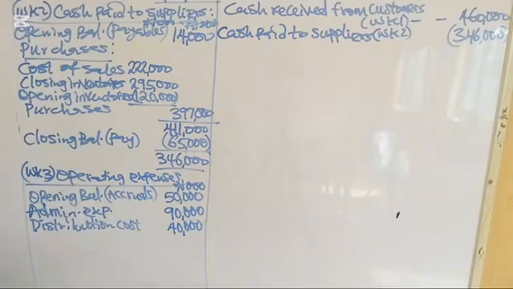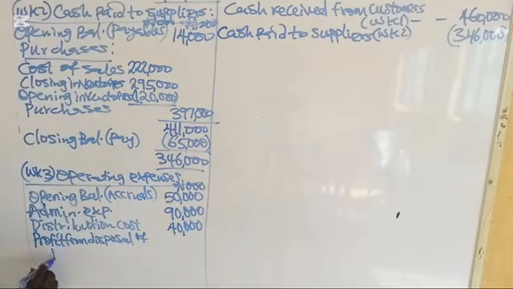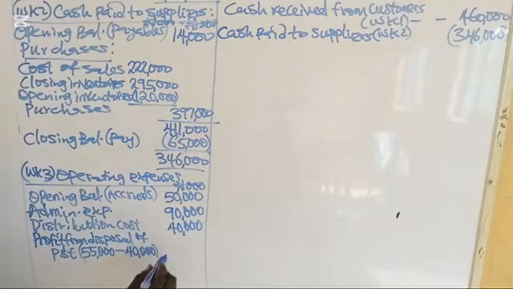Profit. The proceeds is 55 million and the carrying amount is 40 million. So we have 15 million profit.